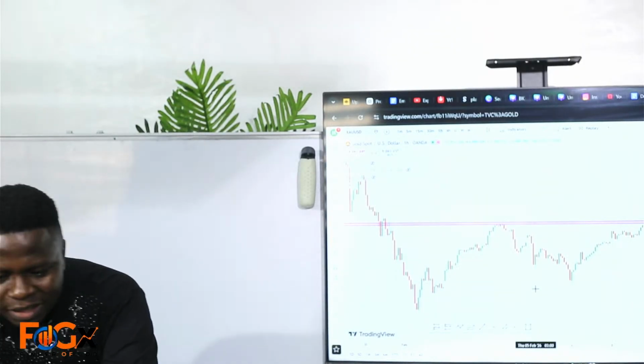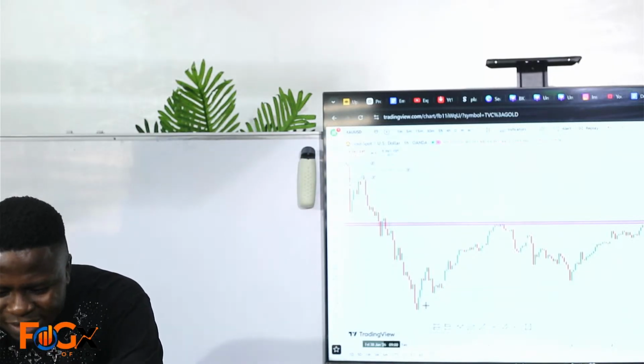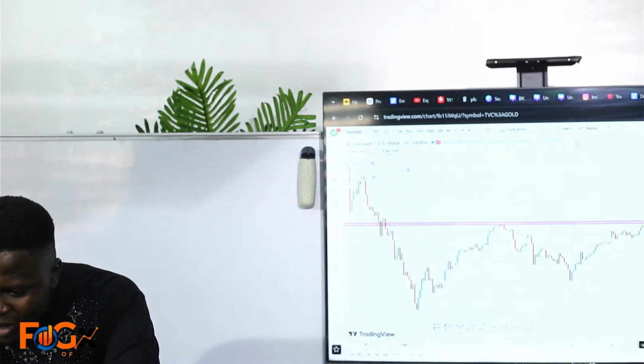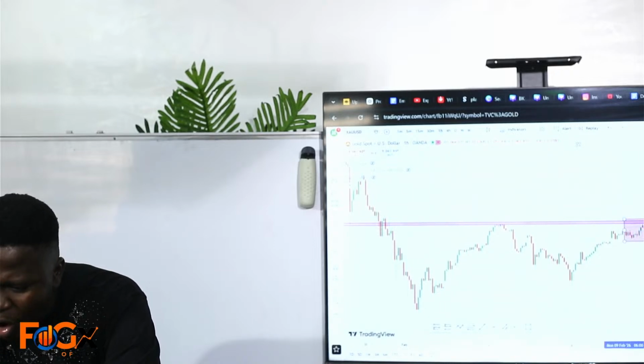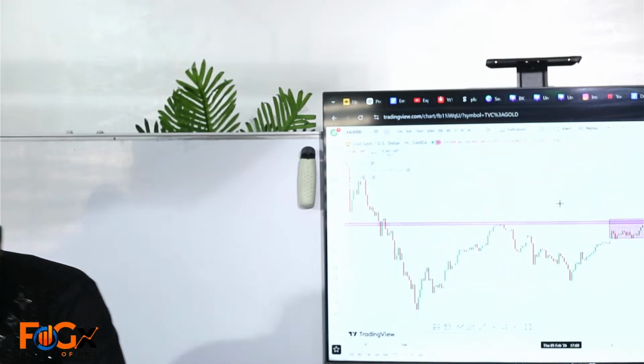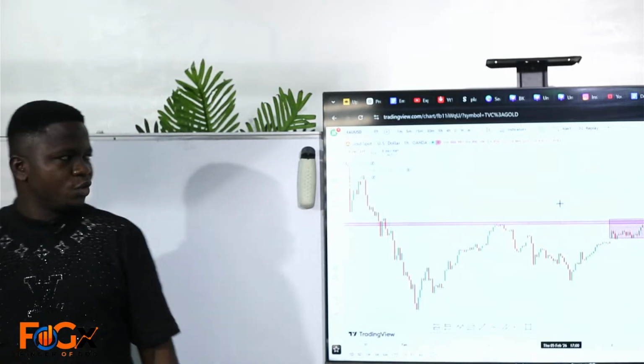You can see that all the candlesticks here, they are all small candlestick, and it is not having a clear direction. You can see them.